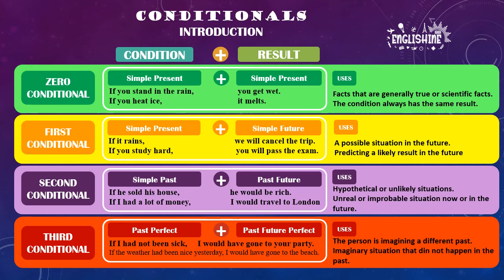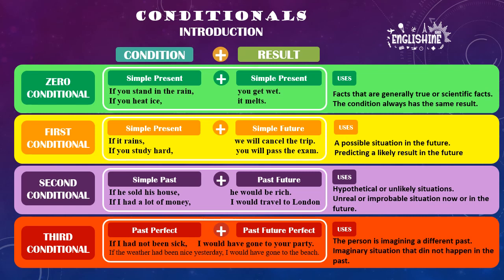I am imagining the situation of not being sick in the past, something that I cannot change now. If the weather had been nice yesterday, I would have gone to the beach. I imagine that if the weather was nice in the past, the result would have been different.